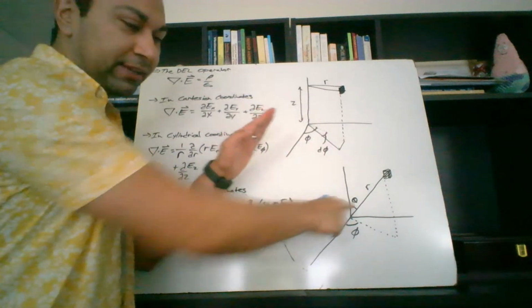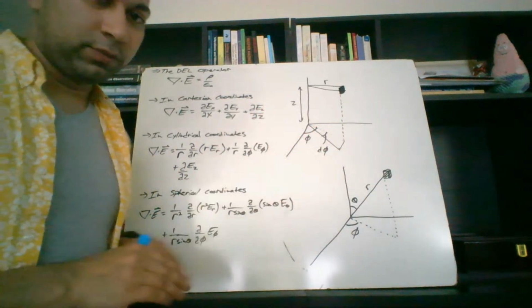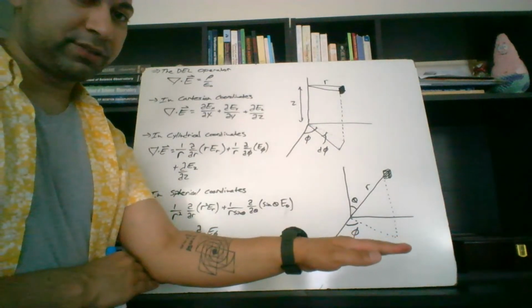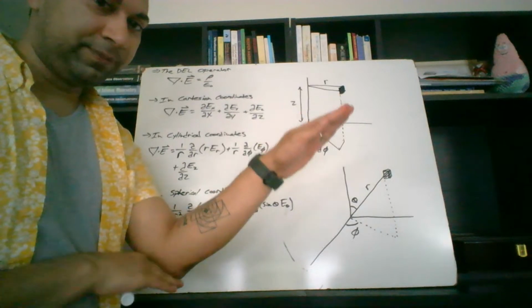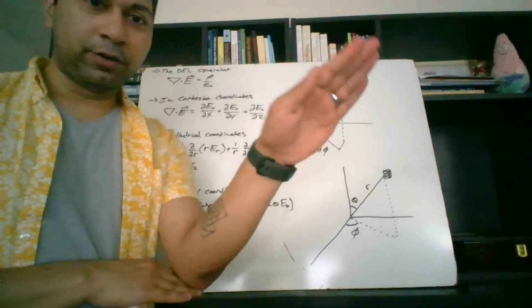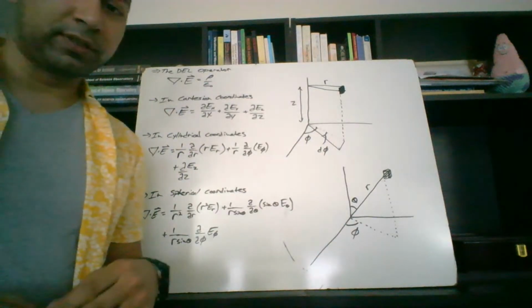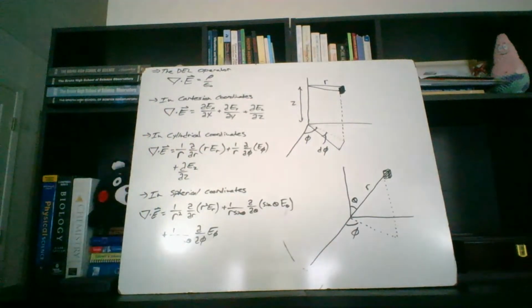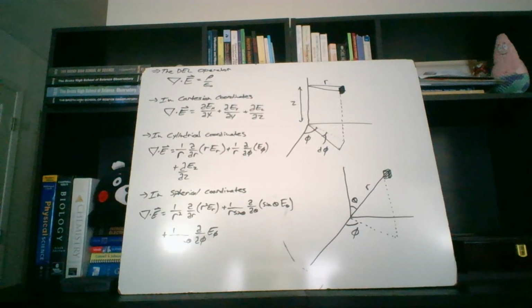That's going to be my theta angle right there. I believe it's also called the azimuthal angle. So we go out in some radial direction, and then we go up like this at some angle. You see how I'm forming that angle? And then we can form another angle by turning like that. That creates the spherical coordinate system. All right? So you've got the Cartesian, the cylindrical, and the spherical coordinate system.